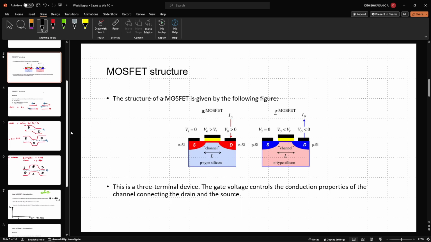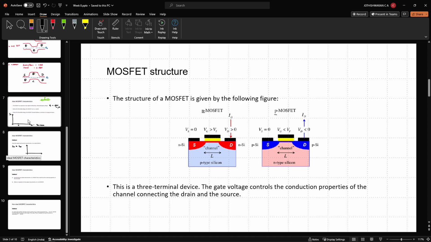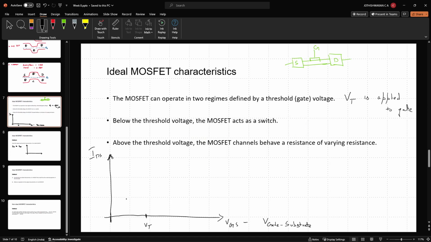Okay, so coming back, until I cross VT, I will have no response. After that, we expect to see some kind of response from the device.